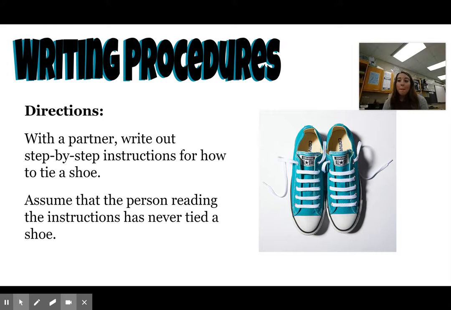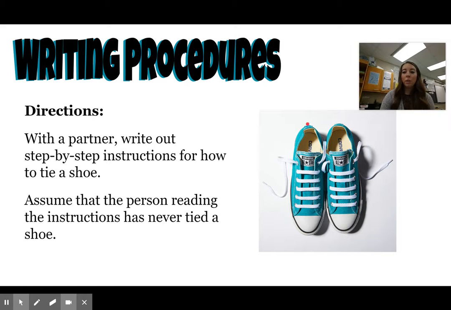Number 2, put the right shoe on the right foot. Maybe step 3 is pulling the tongue up. Step 4 might be put the right lace in your right hand. Step 5 might be put the left lace in the left hand. Step 6 might be cross the right lace over the left, and then so on, being very specific.